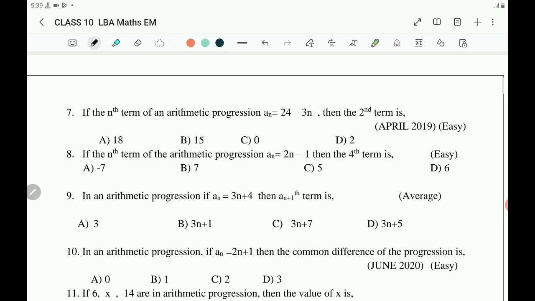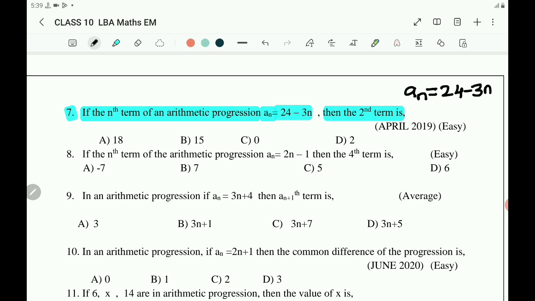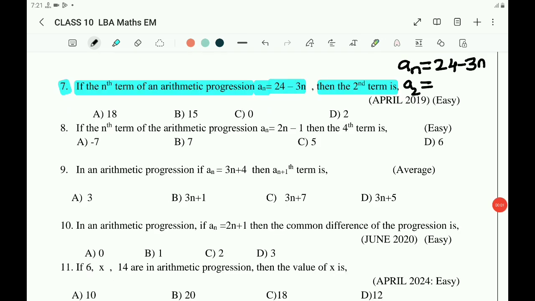Next, you take the seventh question. If the nth term of an arithmetic progression is an equals 24 minus 3n, then the second term is, same type of question. Then you write here what is given? an equals 24 minus 3n. a2 equals 24 minus 3 into 2.